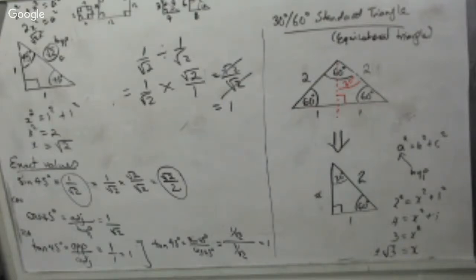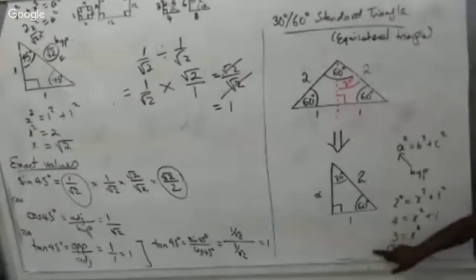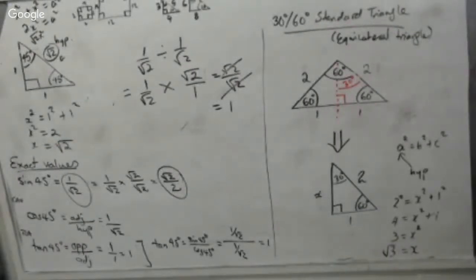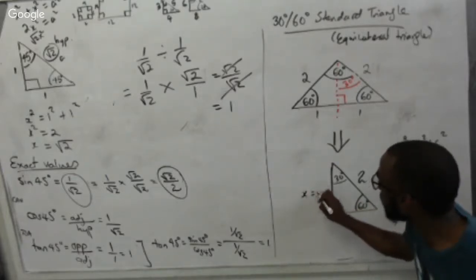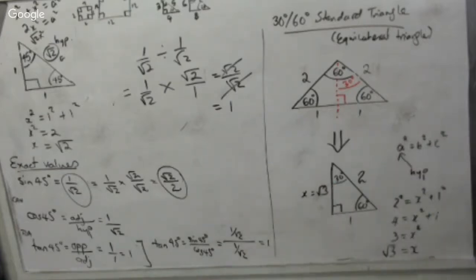Length cannot be negative. I can't say the room measures negative 3 foot. You may ask me if I'm mad. So I just take the positive root, and that's the answer. So, in essence, I get root 3 here.